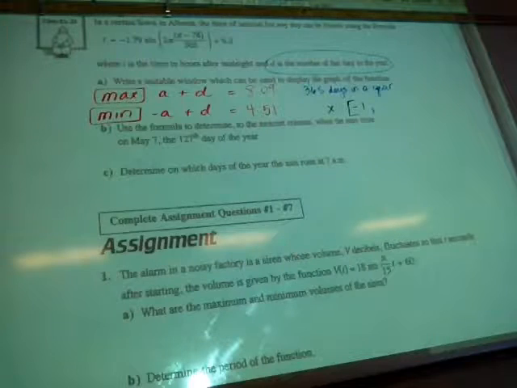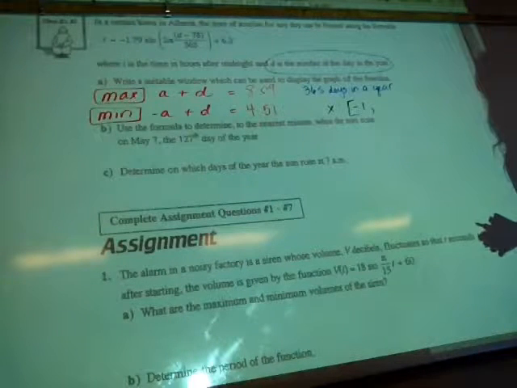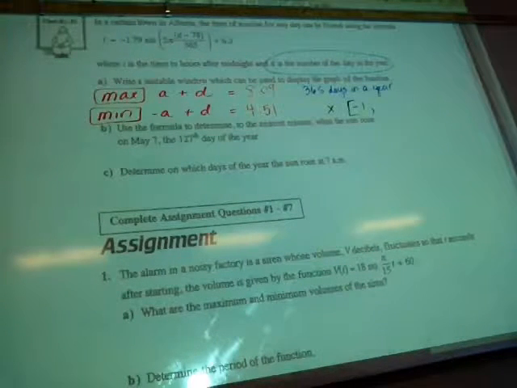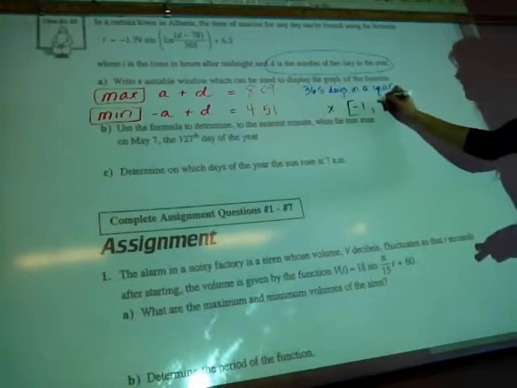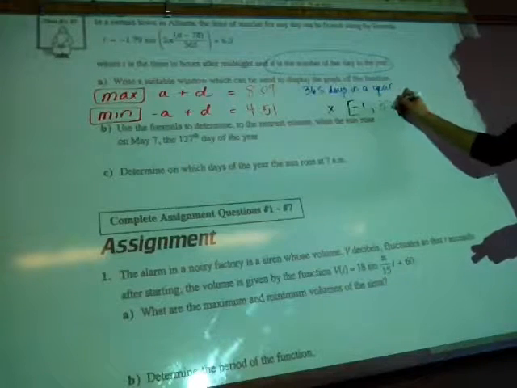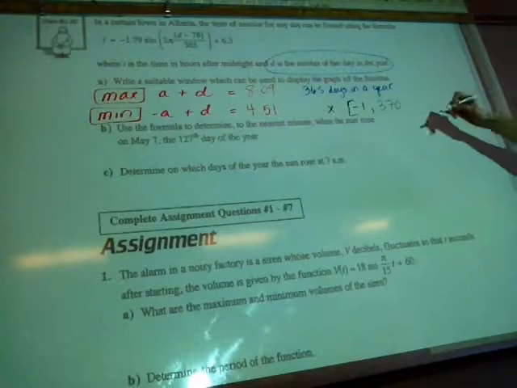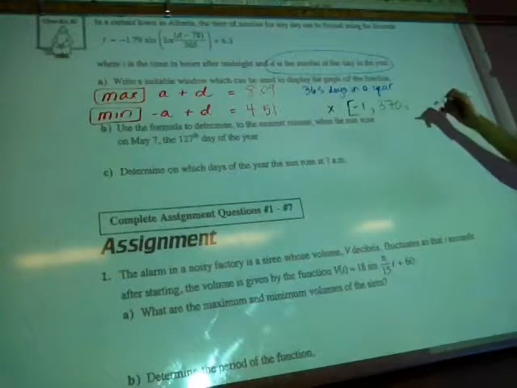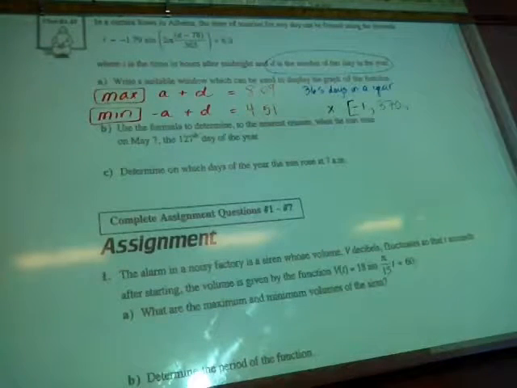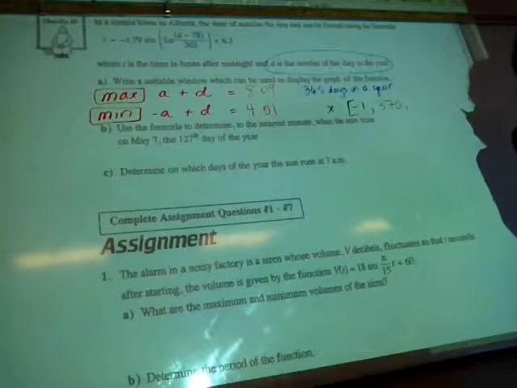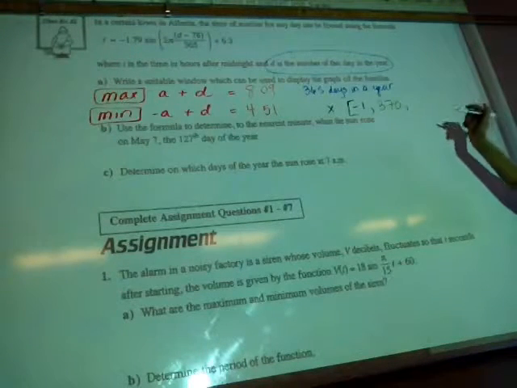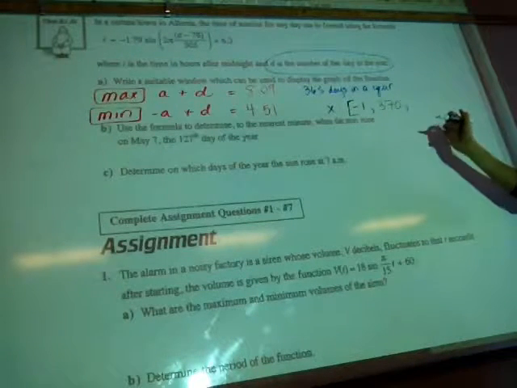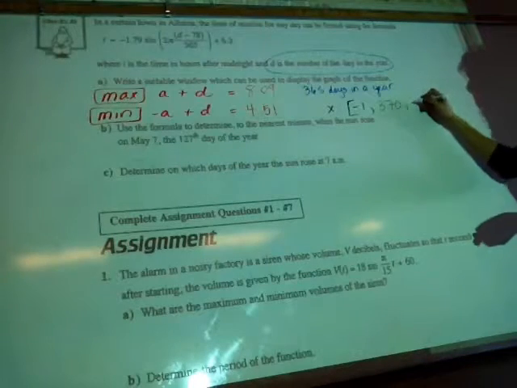What is it? 365 point? 364.25. Very good. So -1, and let's just go to 370, a little bit over a year. We probably don't want to scale up by 1 because our graph is just going to be really small. So what should we scale up by? Maybe 30, 40 days? Sure. Let's do 30 days.